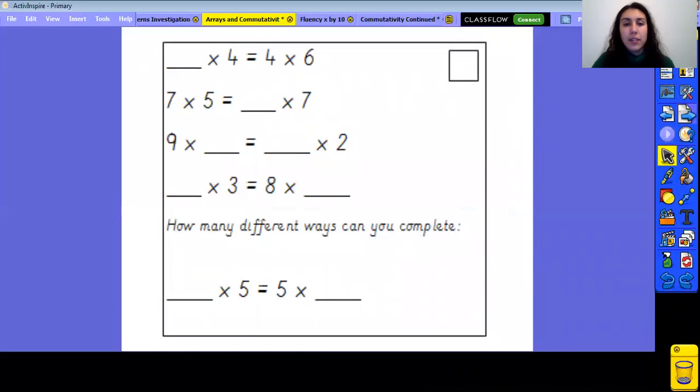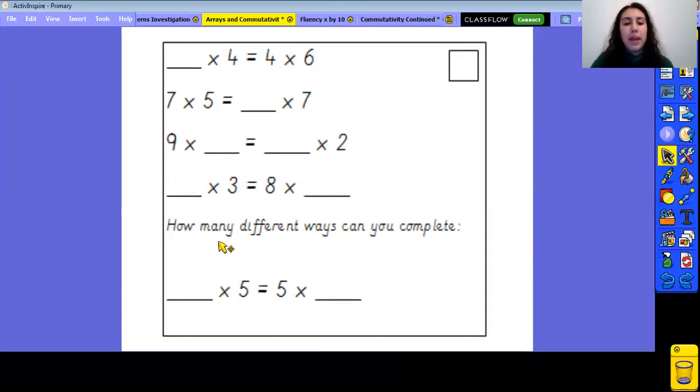So once again, the square sheet is now just some missing numbers for you to fill in. So you've got one of the expressions, or you might have parts of expressions, and you need to use the other side of that equal sign to work out which part is missing, which factor is missing.